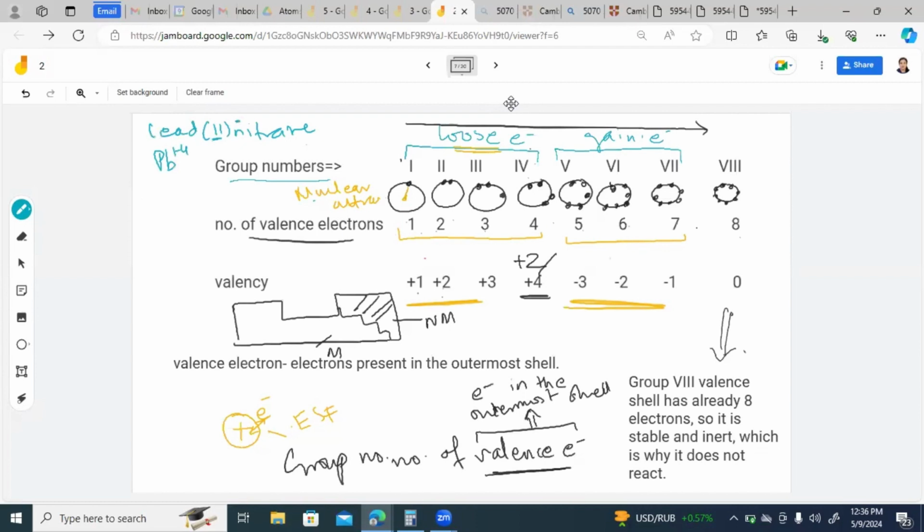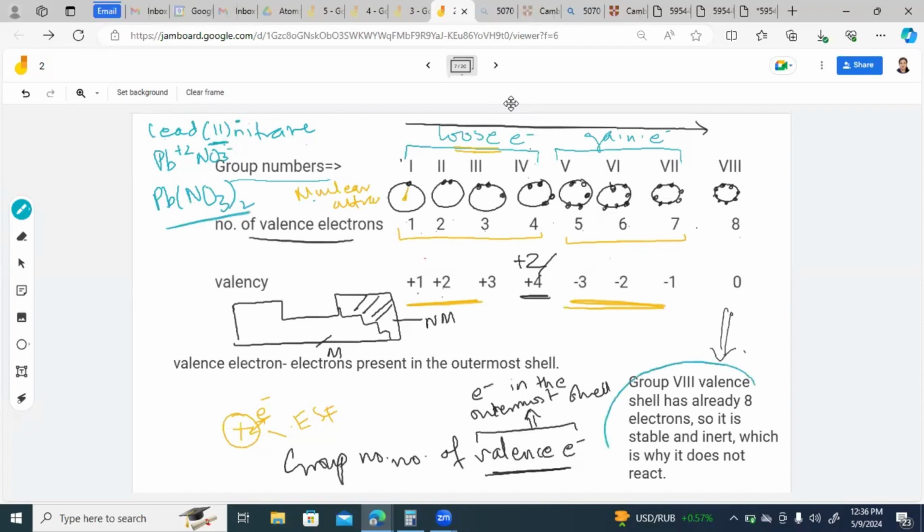However, they had to understand that this Roman number is telling the valency, and this is positive 2. It comes in group 4, but it is a property of group 4 that it can also give you positive 2. So overall it would be Pb(NO3) whole twice. Are you getting it?